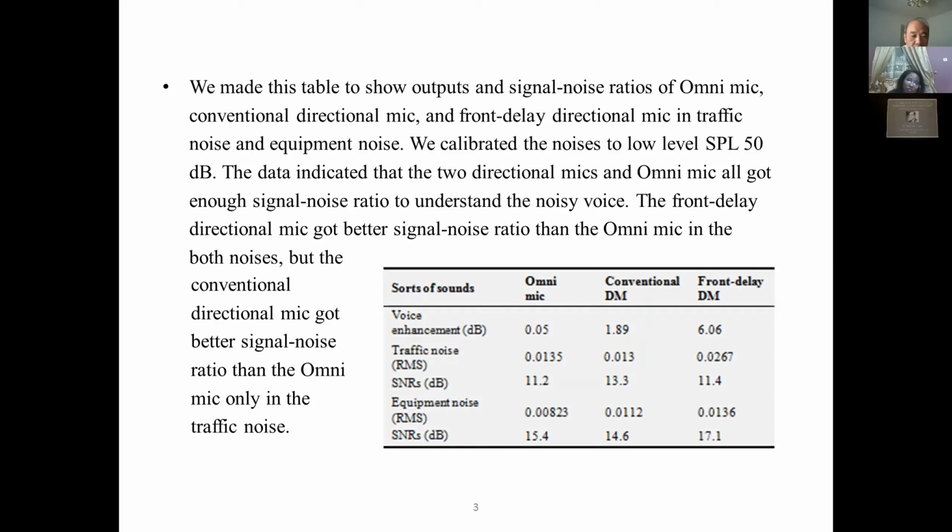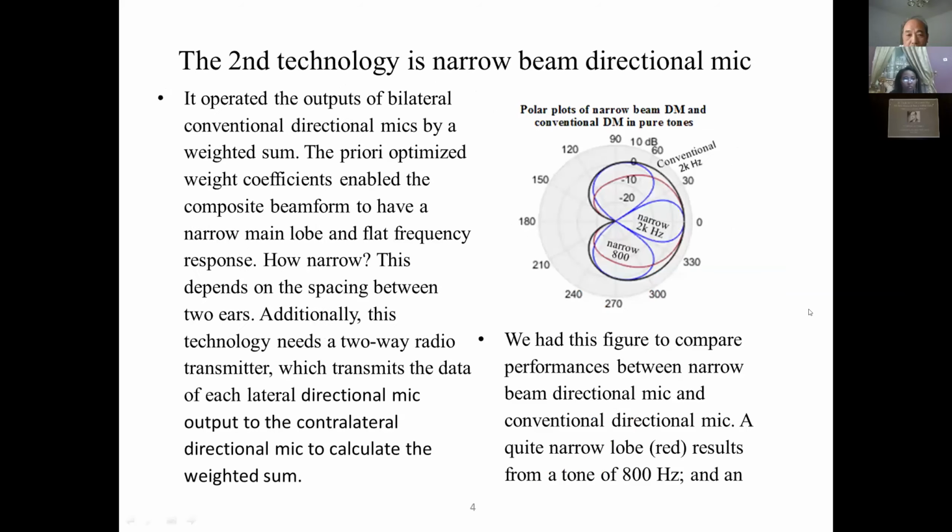But the conventional directional mic got better signal noise ratio than the omni mic only in the traffic noise. That means the front delay directional mic is better than the conventional directional mic in low-level SPL noise.